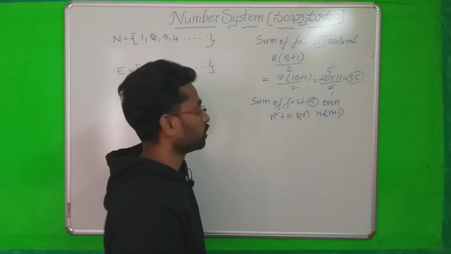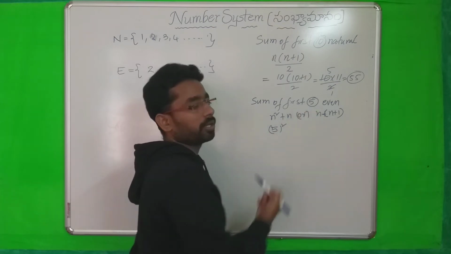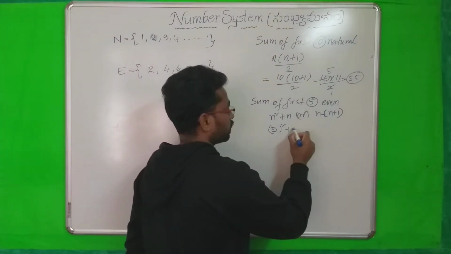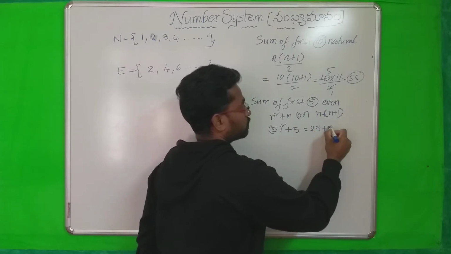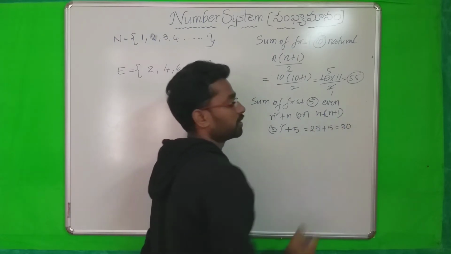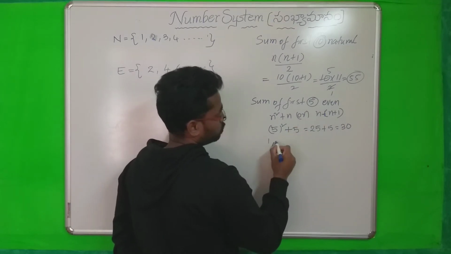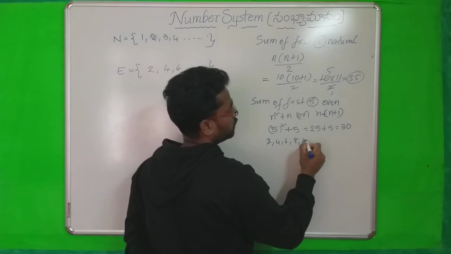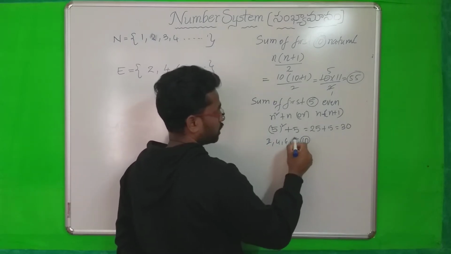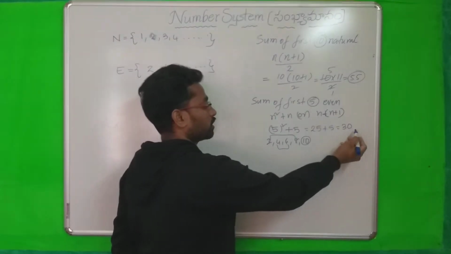Substitute, just replace the n by that number: 5 square plus 5. 5 square is 25, plus 5, 30. Let me check the first 5 even numbers: 2, 4, 6, 8 and 10. 8 plus 2 is 10, 4 plus 6 also 10, 3 10s are 30. So you are getting 30.